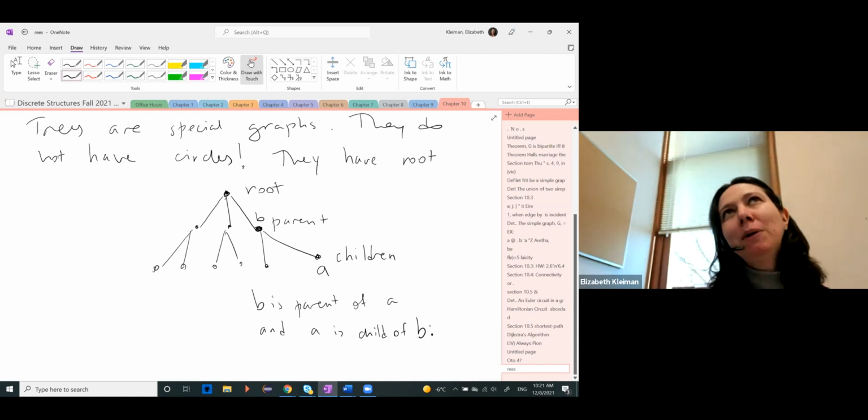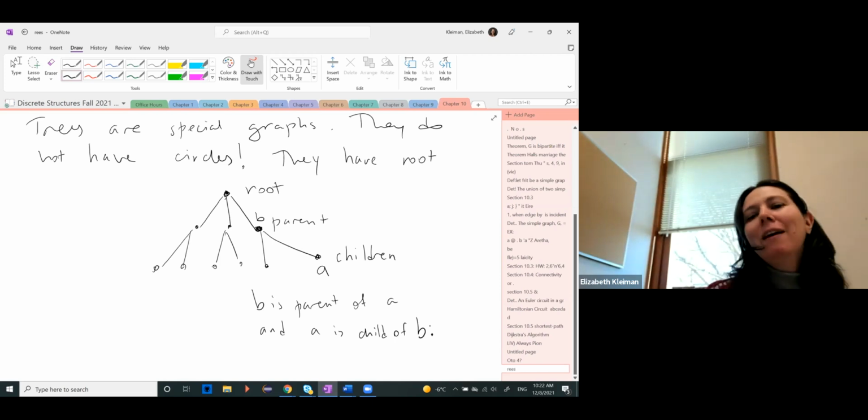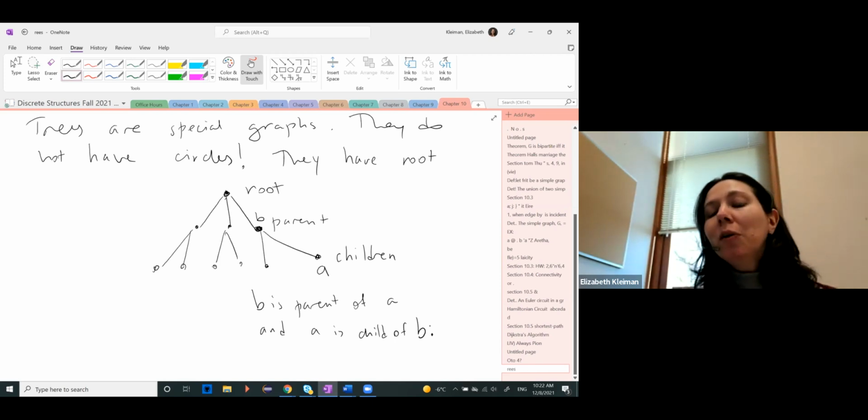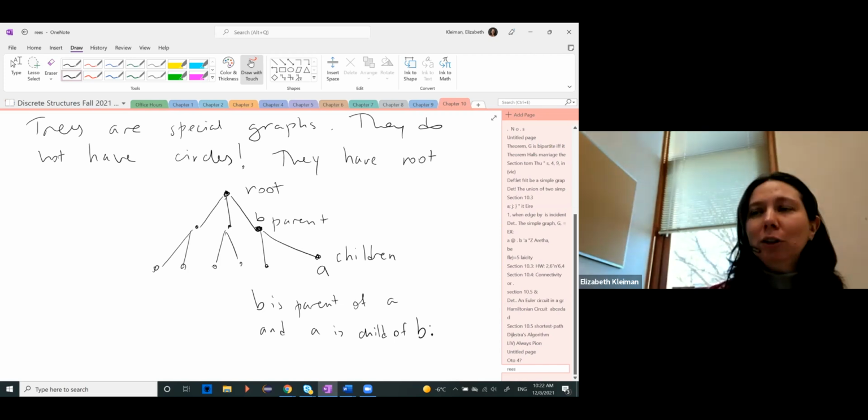We actually have special binary trees, which are very important for computer science. So anyway, that's all I wanted to cover.